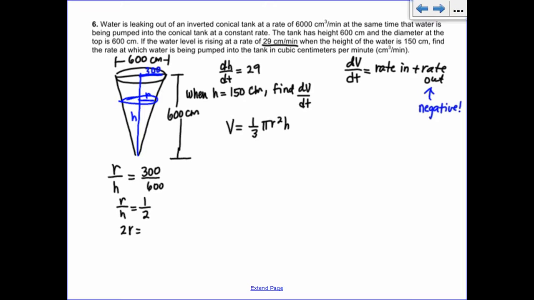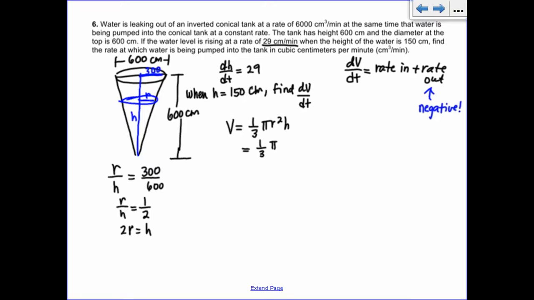So 2r equals h. So we want the height, right? The water level is rising at a rate of 29 centimeters per minute when the height is 150. Sometimes you have both things, and then you kind of have to play with it after you're plugging things in. Remember how you can always take the derivative here and say 2 dr over dt equals dh over dt. So you could always do that if you weren't given all the h's or all the r's.